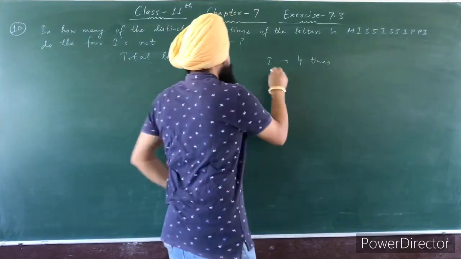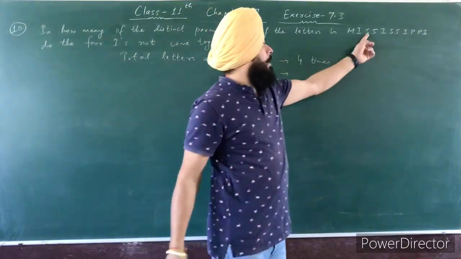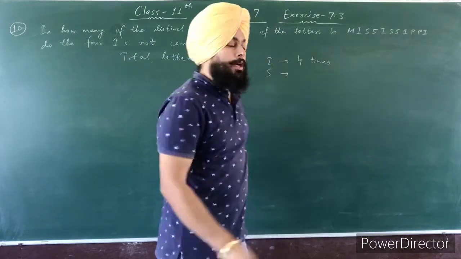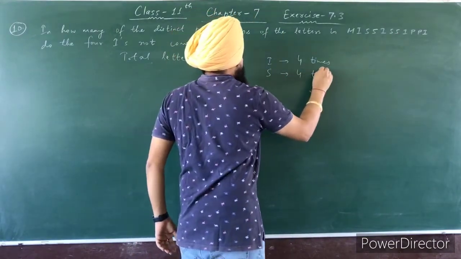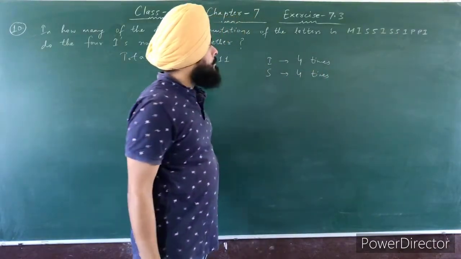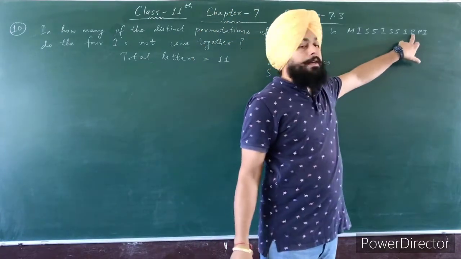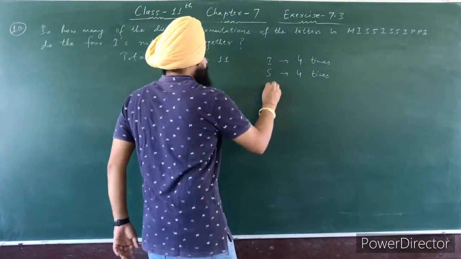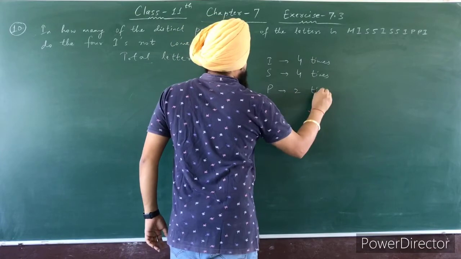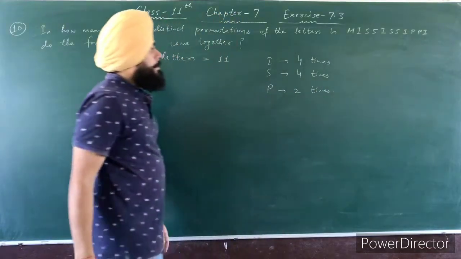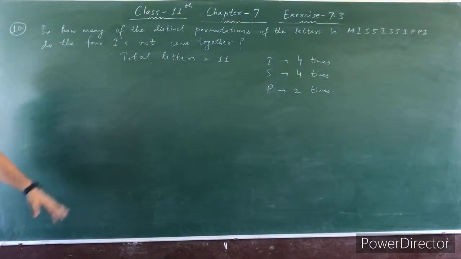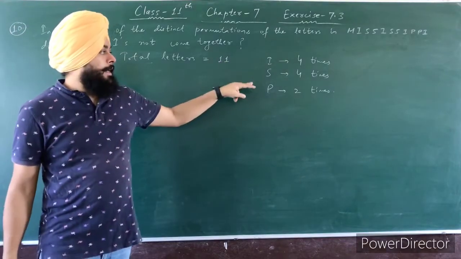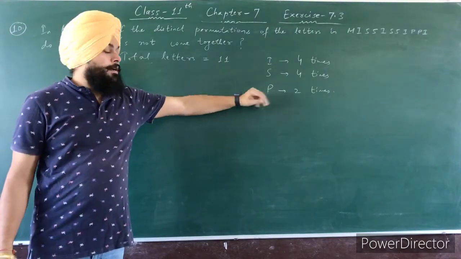S. S repeated 1, 2, 3, 4, again 4 times. And next, which one? This one, P. P comes 2 times. Alright. So in this word Mississippi, I and S come 4 times and P comes 2 times.